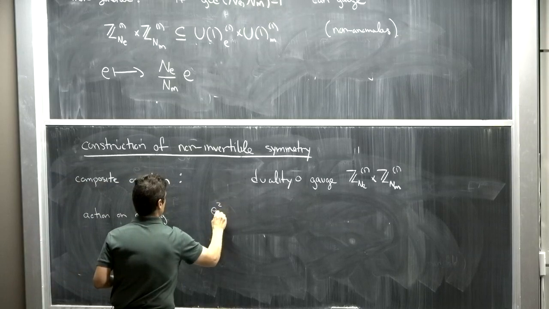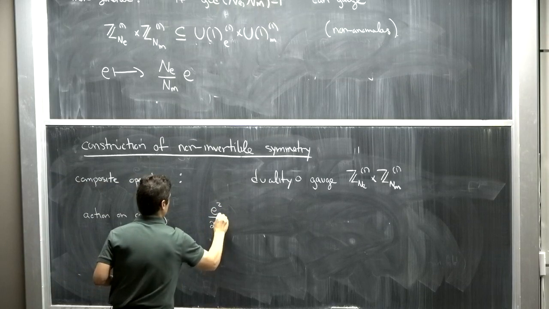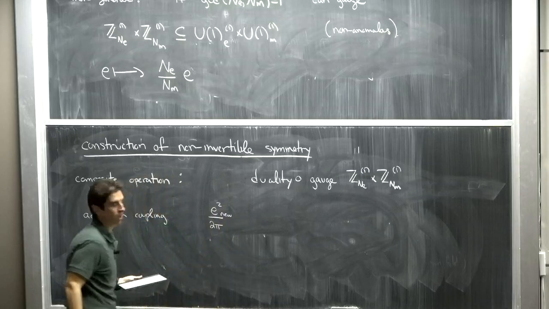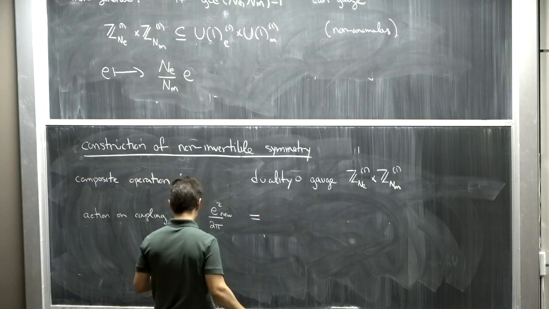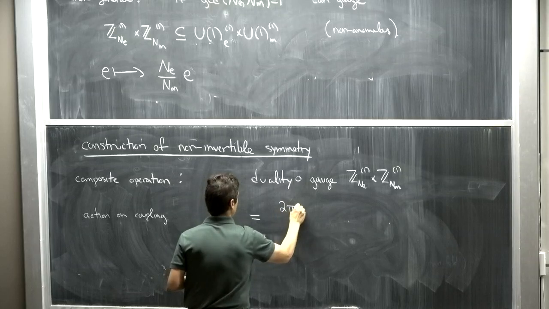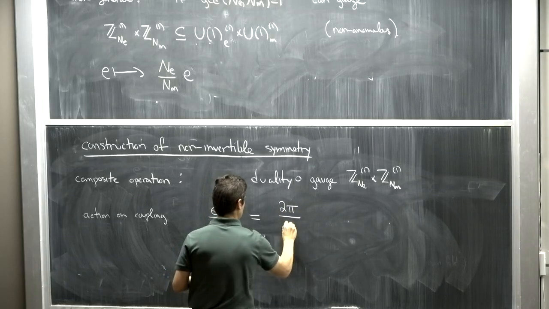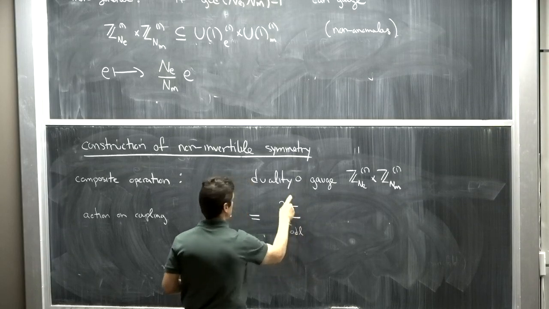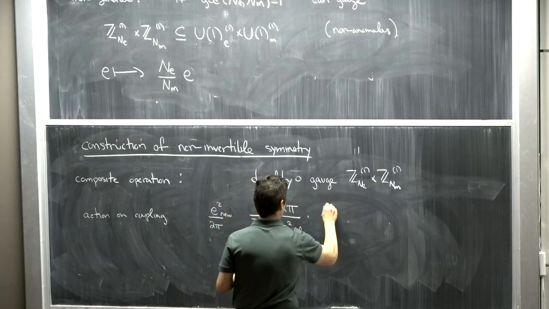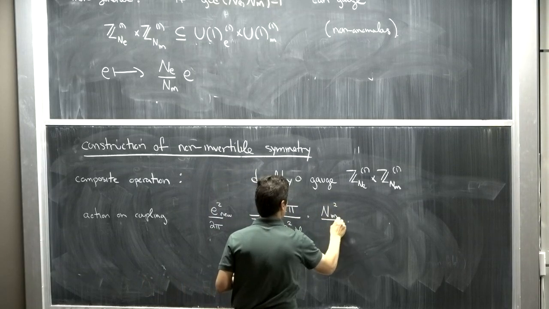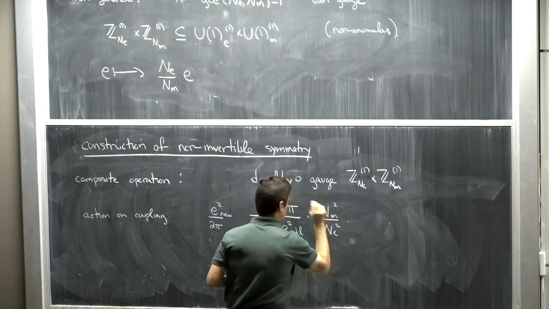e squared over 2 pi, the new value that it will be after I do this transformation, is equal to 2 pi over e squared old. That's just the duality part. And then I get these factors here, N_M squared over N_E squared.